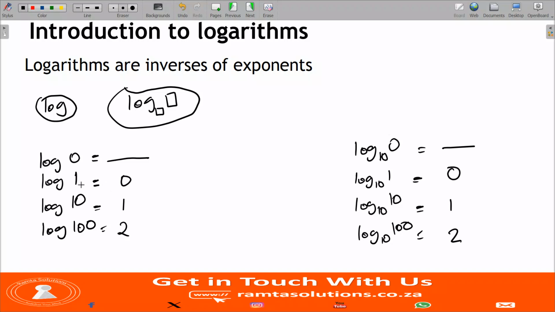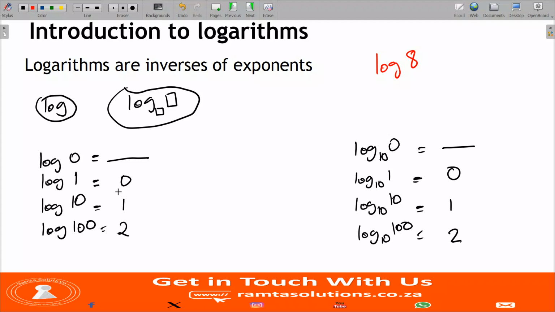Let's perhaps start with 1 to 10. Log 1 is 0, log 10 is 1. So this means log 2, 3, 4 until 9 will be 0 comma something. Let's check on our calculator. Let's try log 8. It'll be 0 comma something. You will see, log 8 is 0,903. But we are not interested in this.